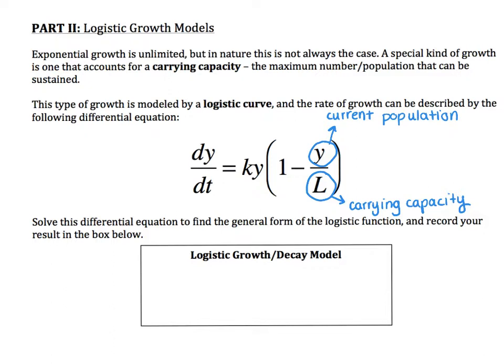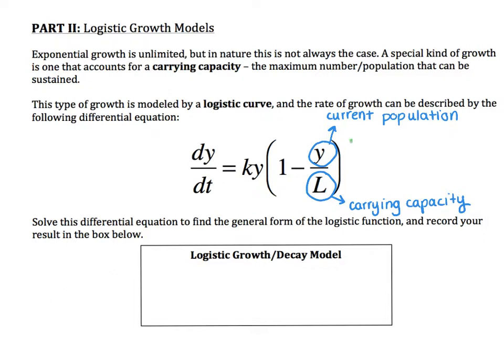Intuitively, if your population is less than your carrying capacity, your population is going to continue to grow. And that is absolutely the case. But let's think about why that's true mathematically based on this differential equation.